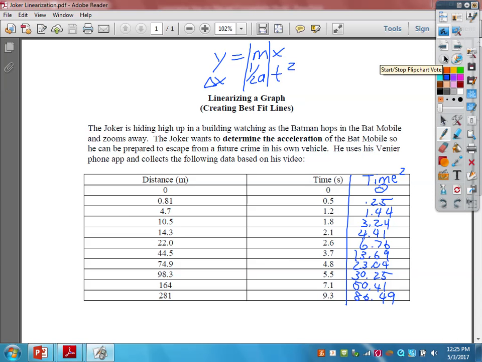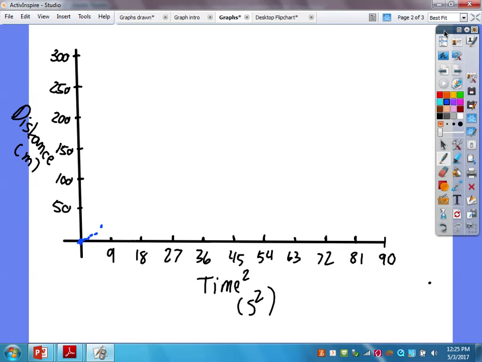All right. 13.69 and 44.5. 13.69, so I finally passed 9. And 44 point, is that what it was? I think it's in 44.